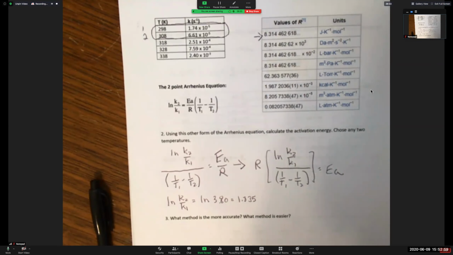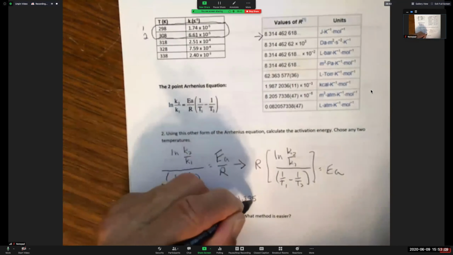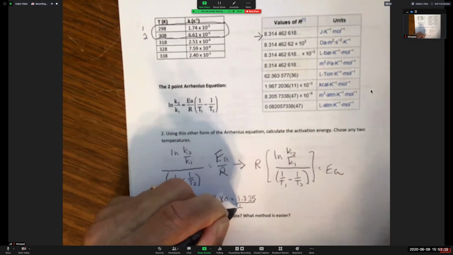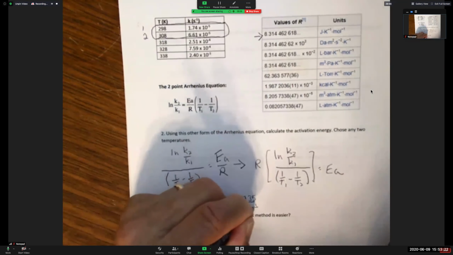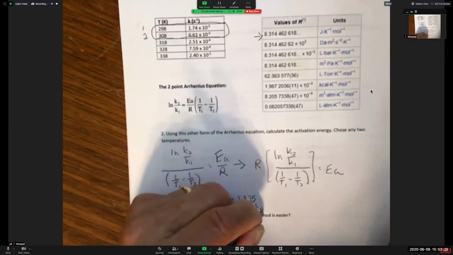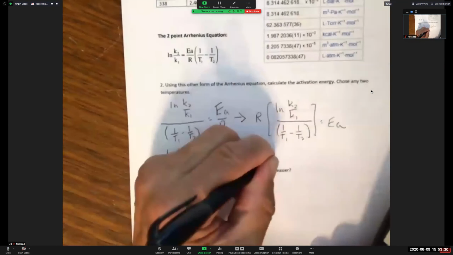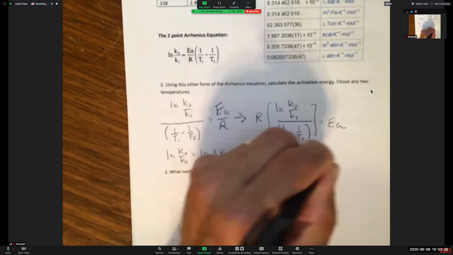So when I divide 1.335 by 1 over T1, 298, minus 1 over T2, 308, I get 12,253.